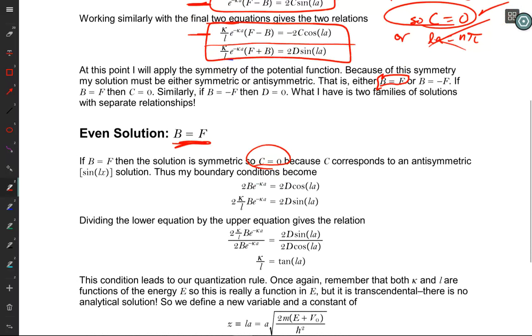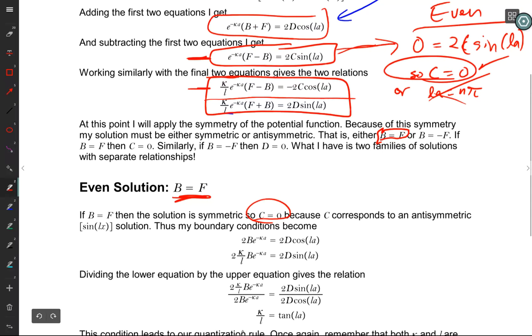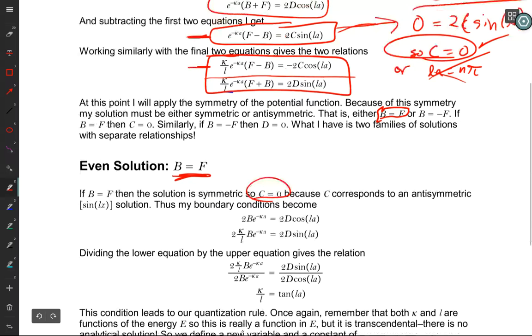So then looking at the other solutions, the 2 with f plus b, since f is equal to b, we're just going to say f plus b is equal to 2b. So that's why there's a 2 on the left side and just a b. And on the right side, this one is going to be 2d cosine LA, and this one is going to be 2d sine LA.